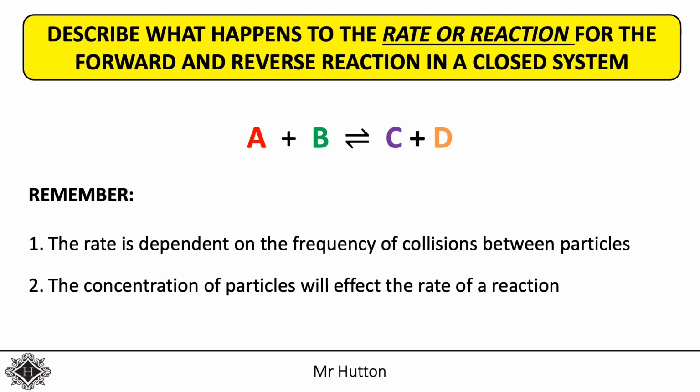So in a closed system, we need to think about how the rate's dependent on the frequency of those collisions and the concentration of the particles. That's also going to affect the rate, because that will affect how frequently they collide. Okay, so just think about initially what the concentrations of A and B would be and what the concentrations of C and D would be.